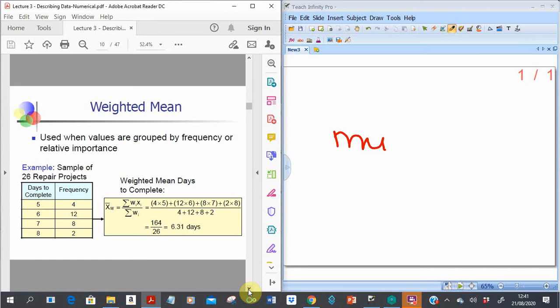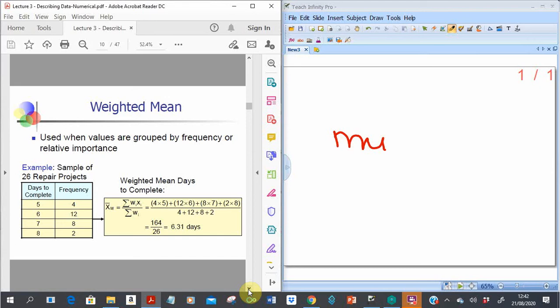In this example, we're given a sample of 26 repair projects. You want to see the number of days taken to complete and the frequency. We've been given the frequencies and the number of days.